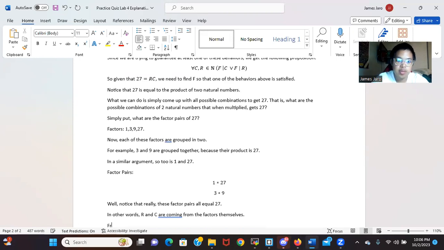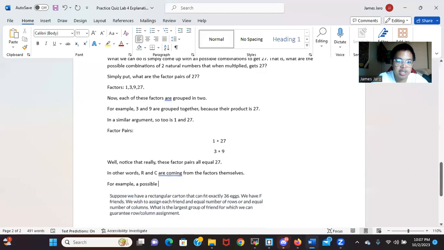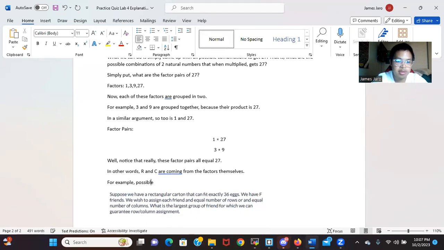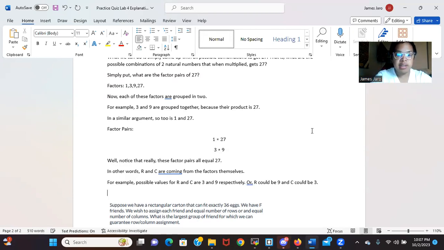So for example, a possible combination of values for R and C are 3 and 9, respectively, because 3 times 9 is equal to 27, or R could be 9 and C could be 3, and so on and so forth. And so now the idea is that we need to find F.